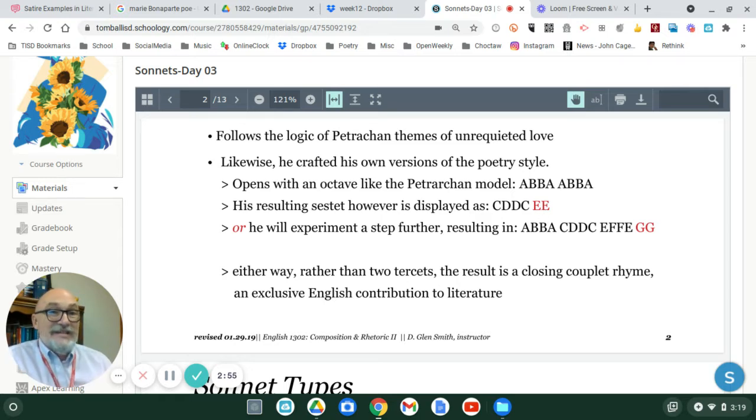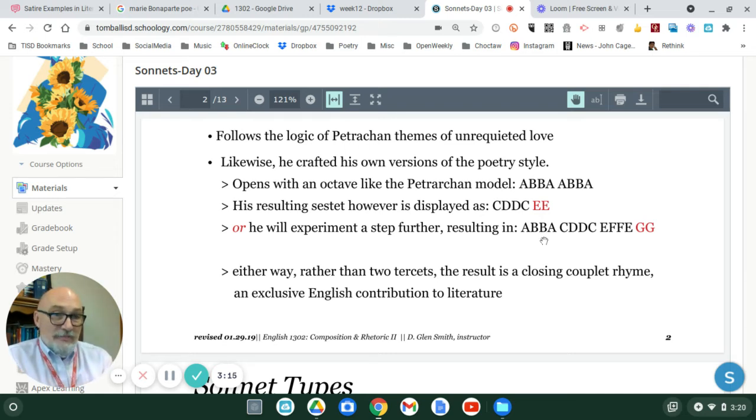So in his case, like what will become the English form, you have 3 quatrains that have a set of independent rhymes, and then you have an independent couplet with rhymes.